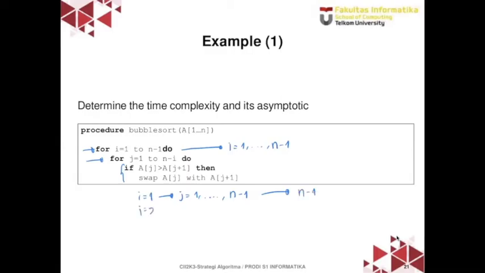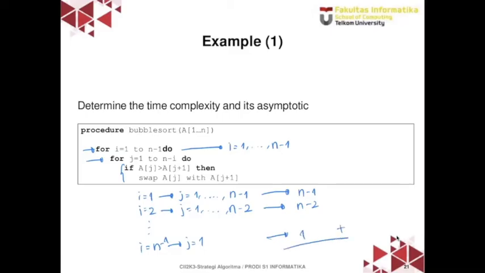If i equals 2, then we need to check for j from 1 to n - 2. So we do the comparison n - 2 times, and so on until i equals n - 1, so we need to check j equals 1 only, so the comparison only needs to be done once.